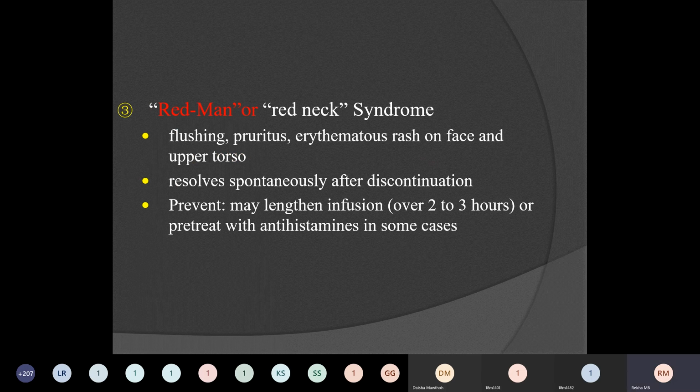Then it causes something called red man syndrome. This is because of the release of histamine. You will see flushing, pruritus, and erythematous rashes on the face and upper torso. This can be prevented by giving slow IV infusion, or you can give antihistaminics prior to starting vancomycin.